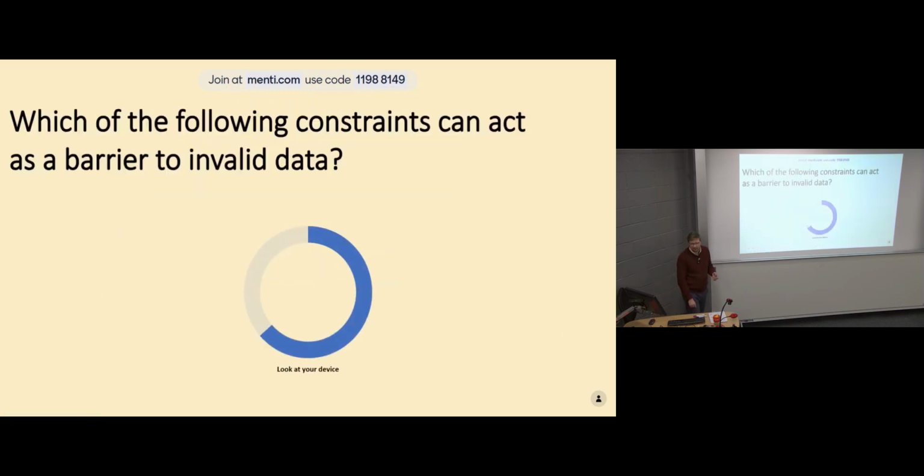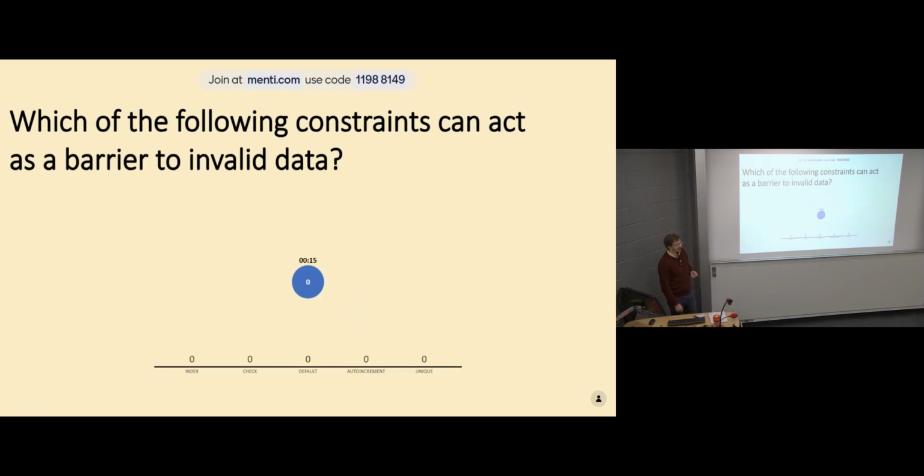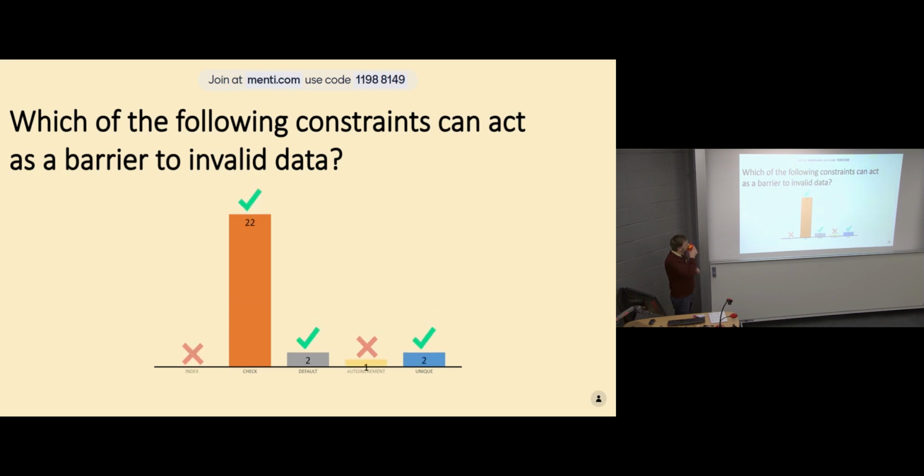So, which of the following constraints can act as a barrier to invalid data? We got index, check, default, auto increment, and unique. There are multiple right answers. Yep, so check stops you putting in invalid data.